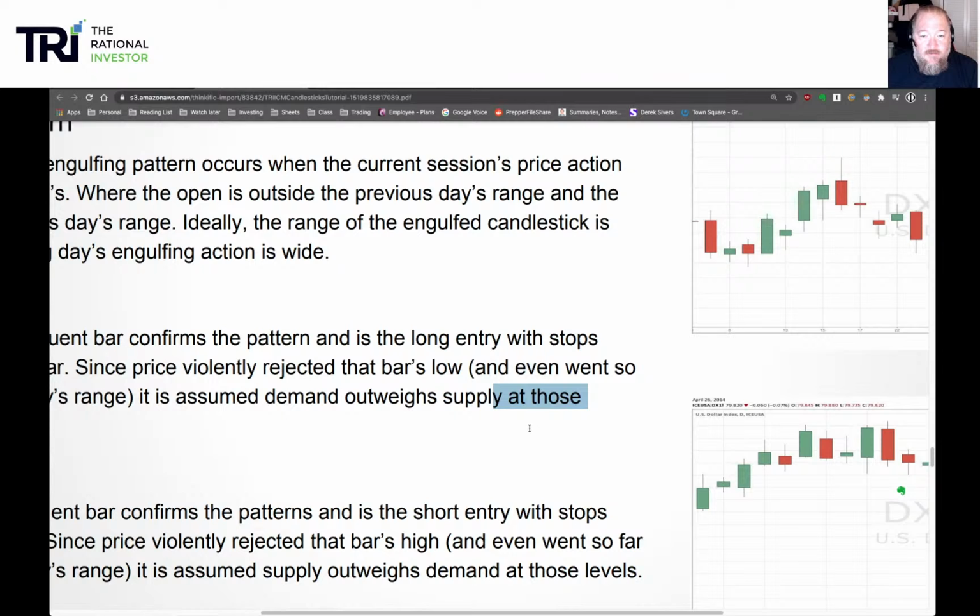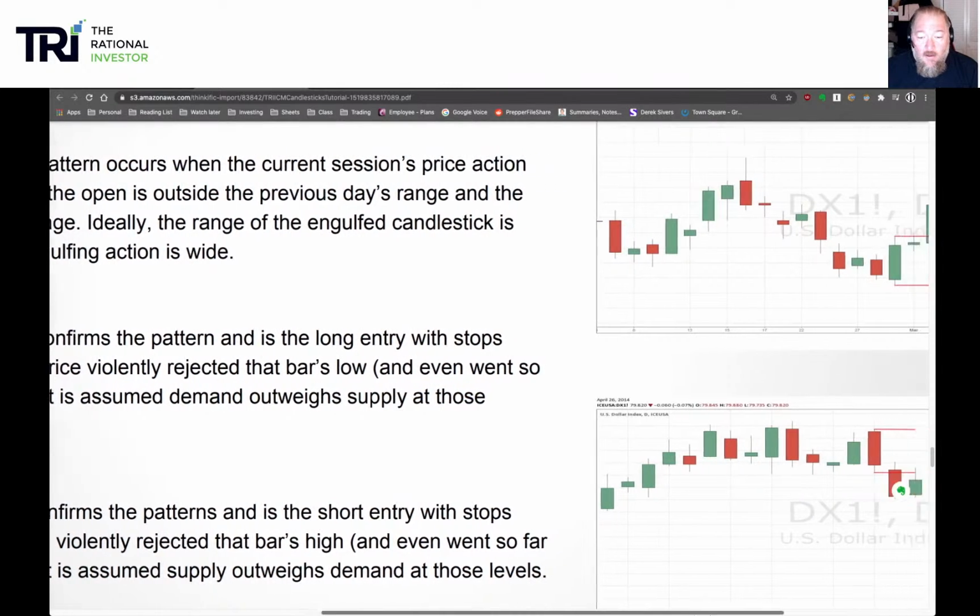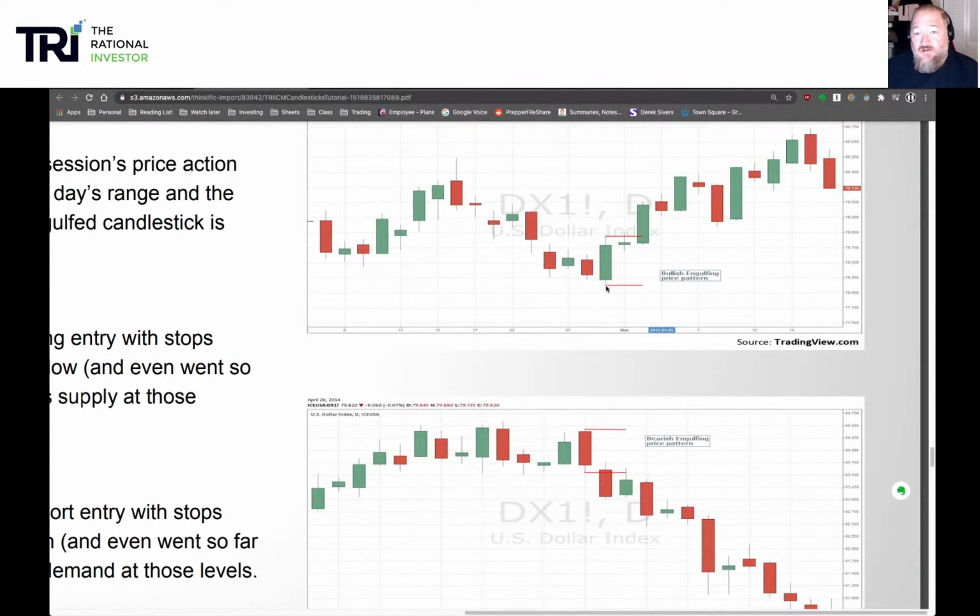Let's look at entries too. If we are looking at this market structure to define our risk, in order for this to fire, we need to see price move beyond this engulfing candlestick range, so above the high of the range, and we have to risk to the low of the range. Okay, that gives us our risk level.